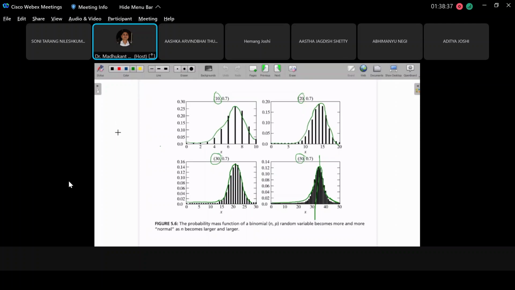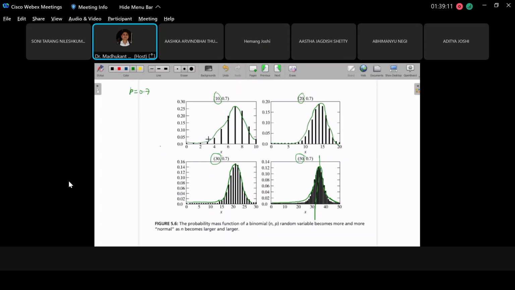This is the mass function of a binomial random variable, and the probability of success here is fixed, p is 0.7.